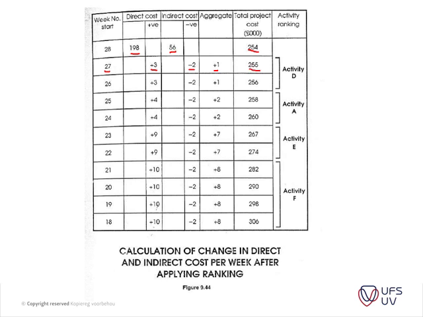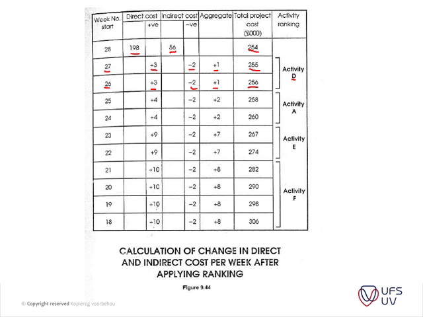Then we do the same, reducing it by 1 week, we add 3,000 and we subtract 2,000, so aggregate of 1,000 is added, and we are at 256,000. That's for activity D.